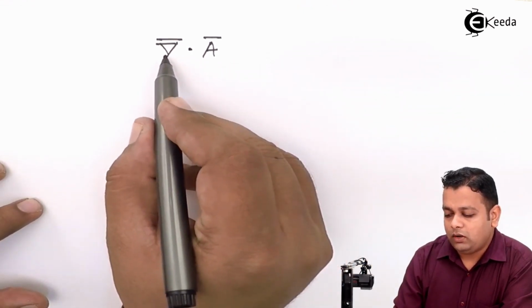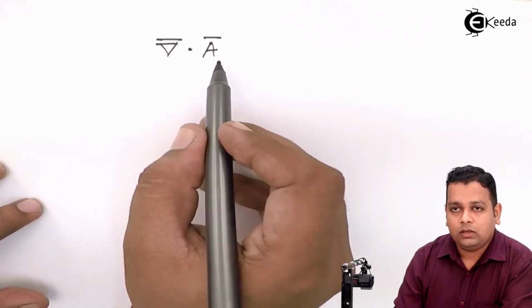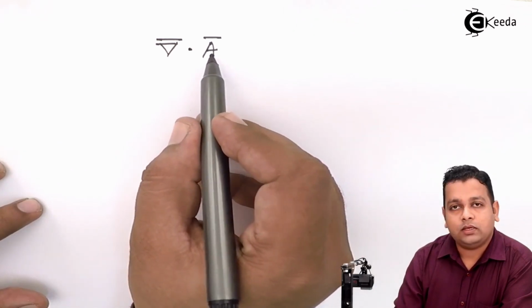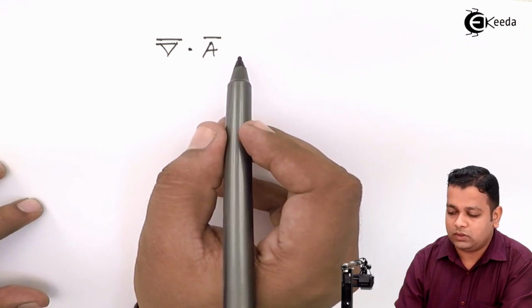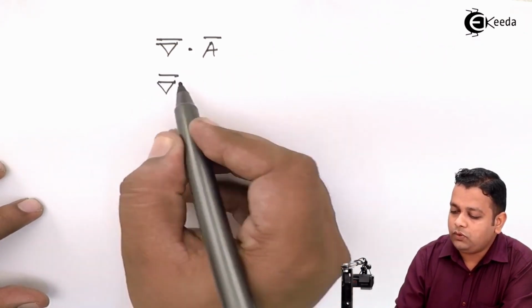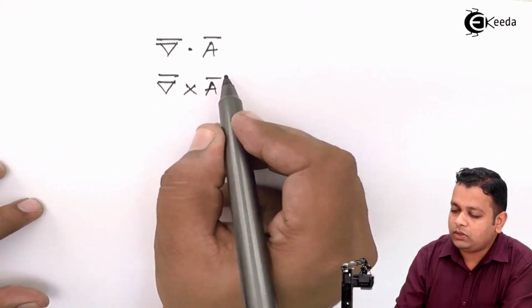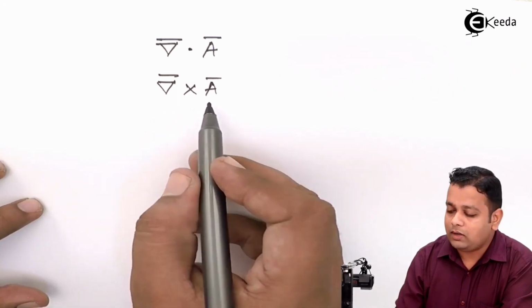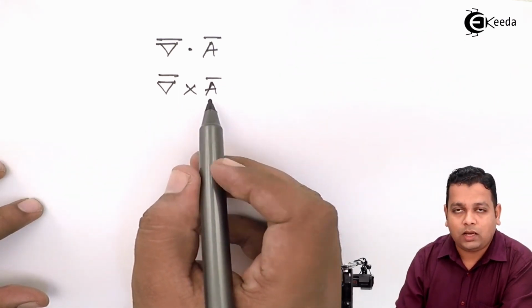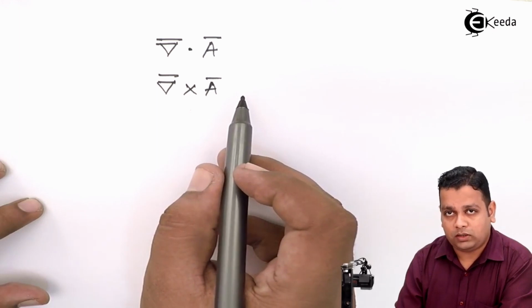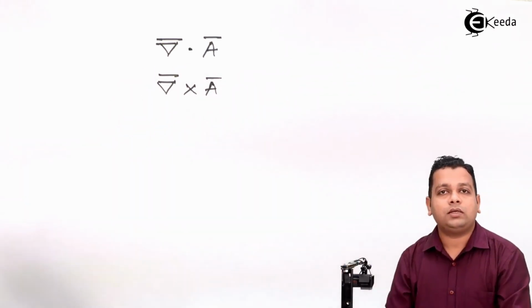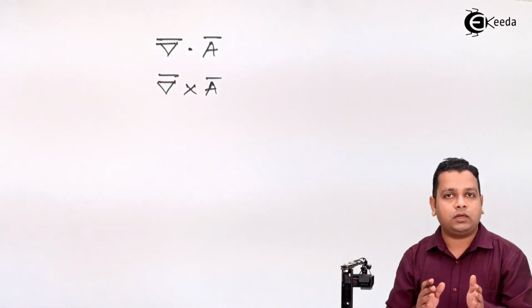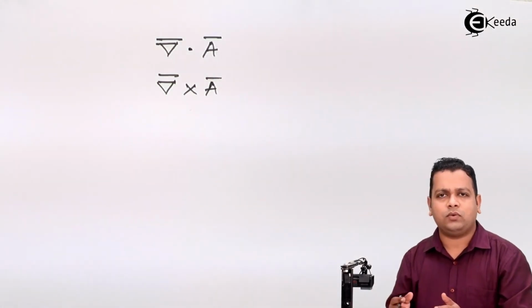The operator is a vector, A is also a vector, and the resultant is a scalar in the case of divergence. Whereas if you have the cross product between the vector operator del and the vector A, the outcome is a vector, which is called curl. So now let us see more details of the gradient, curl and divergence.